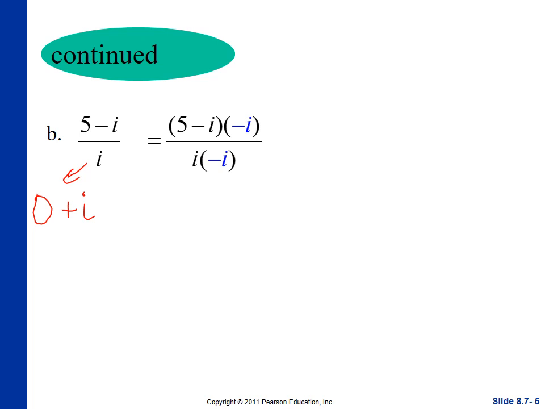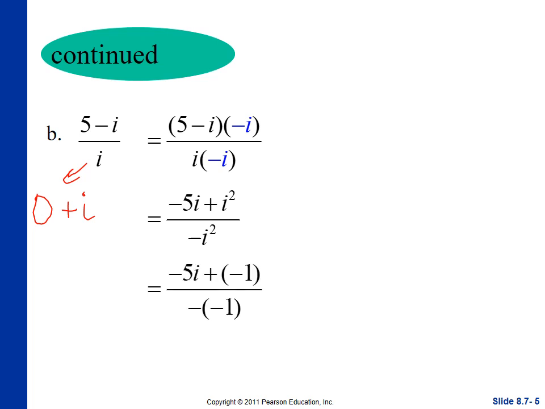So we go ahead and multiply, and we get negative 5i plus i squared over negative i squared. So negative 5i plus negative 1 over negative 1 becomes negative 5i minus 1 over 1, which is just negative 1 minus 5i.